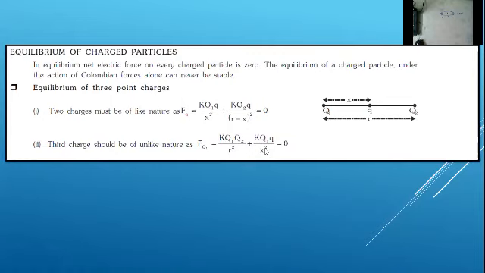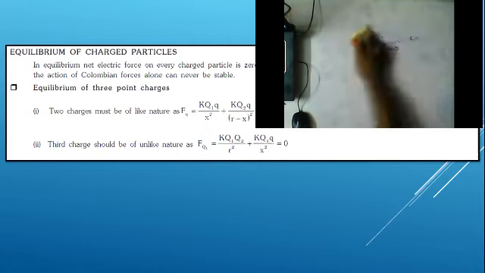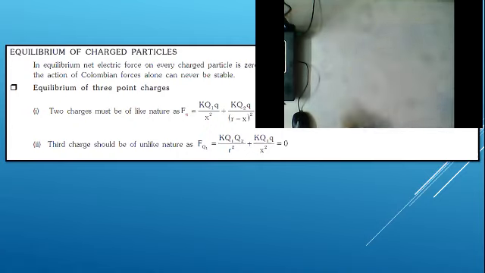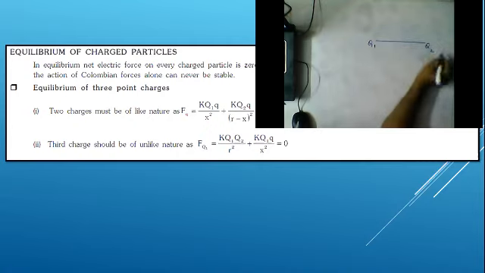So here, what is this three particle system? If two like charges, whatever the values, have like forces acting between them, see for example, this is charge q1, this is charge q2.